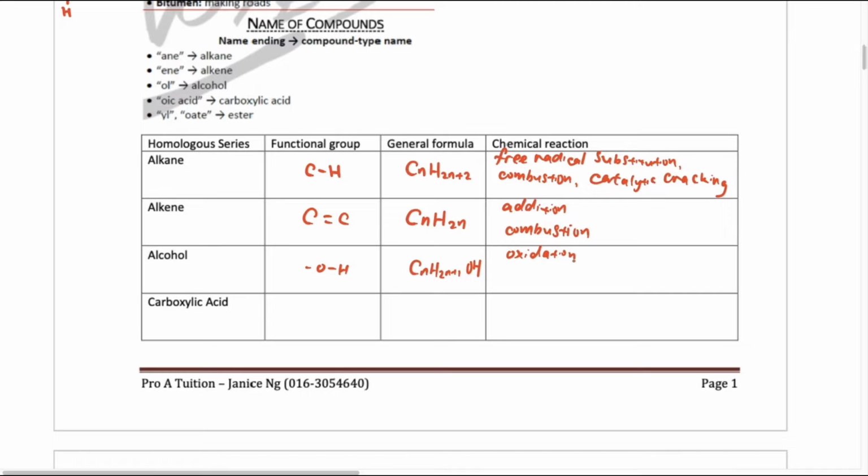Oxidation of alcohol will form carboxylic acid, aldehyde or ketone, depending on which alcohol we are oxidizing. We also have dehydration of alcohol to form alkene.